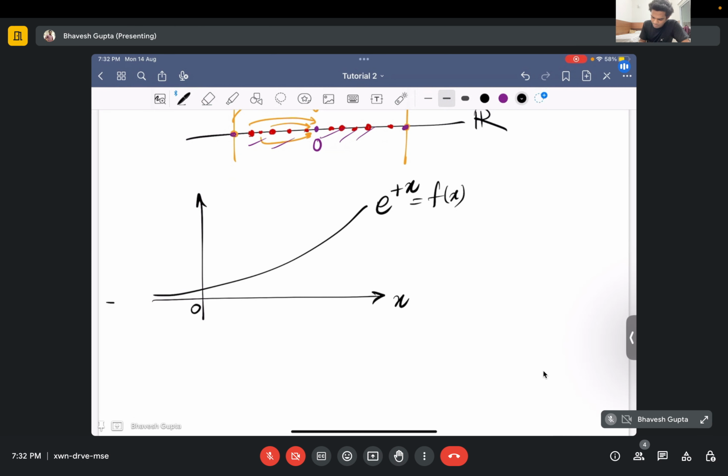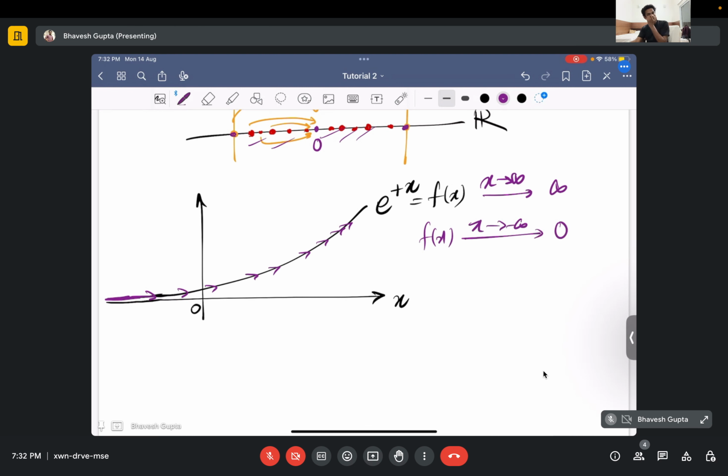Because if you see very carefully, this function asymptotically starts with 0, and this goes to infinity as x goes to infinity. But the moment I take f of x, but x tends to minus infinity, this goes to 0.